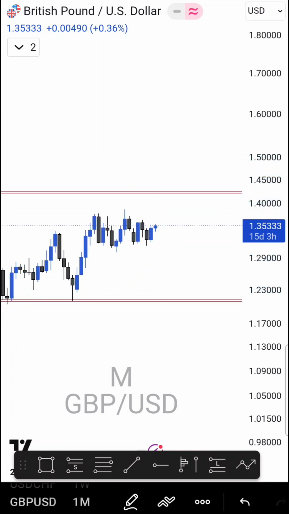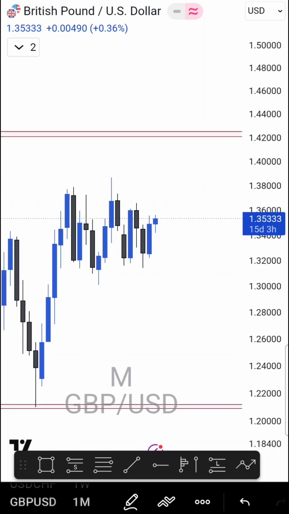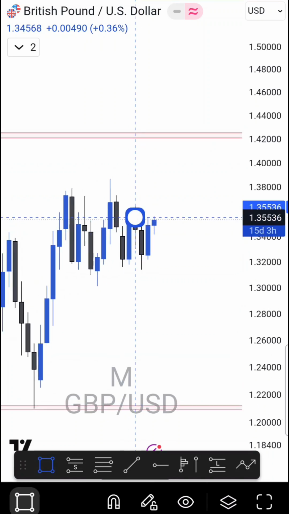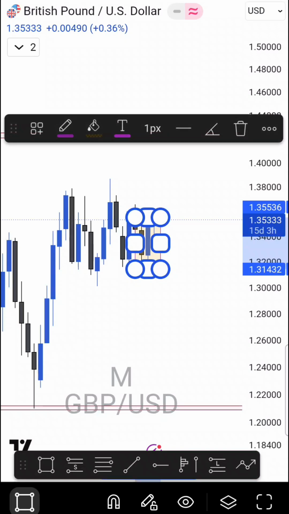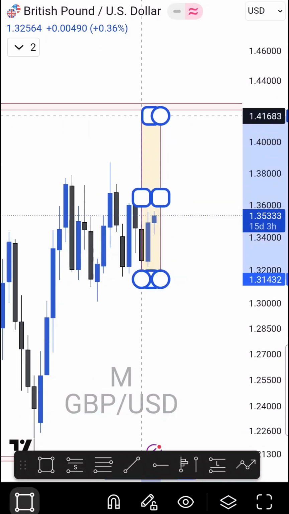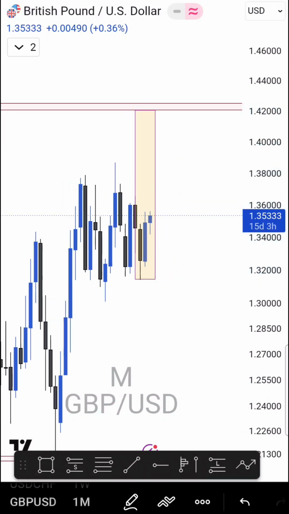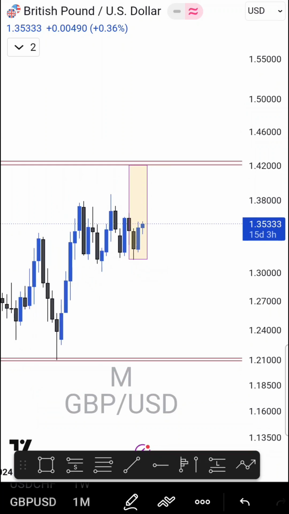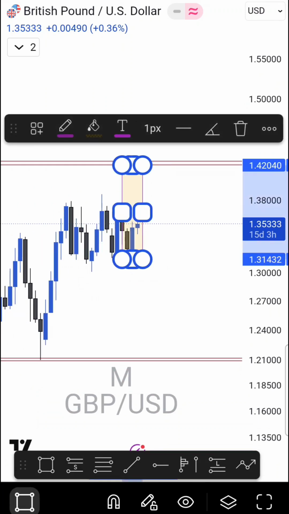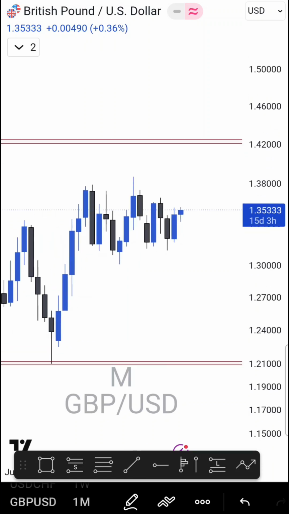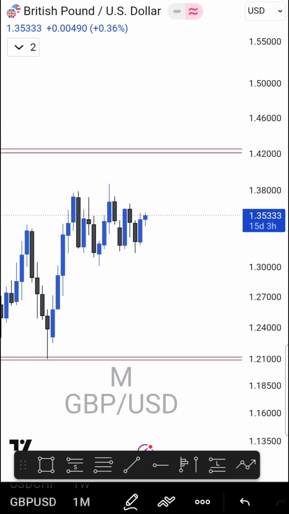Another thing we're also seeing here is candle confirmation: a strong monthly bullish engulfing candle on the monthly time frame that indicates that price wants to go to the upside. So all these confluences are telling us that GBP USD wants to go to the upside. So I am looking for buying opportunities this week on GBP USD.